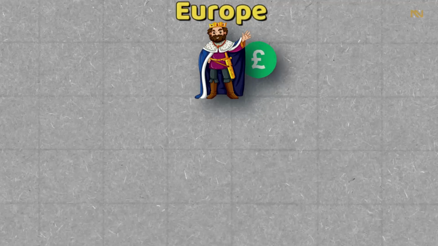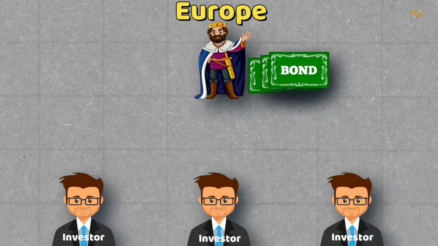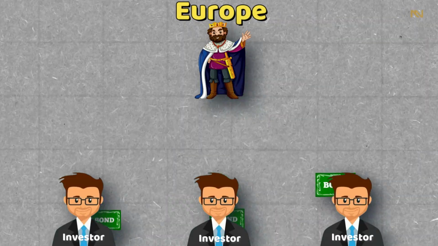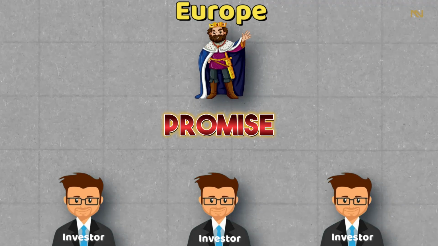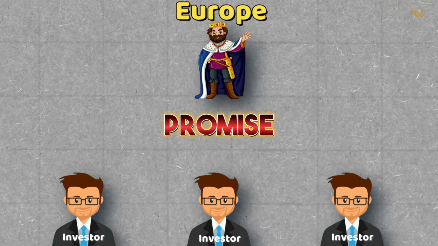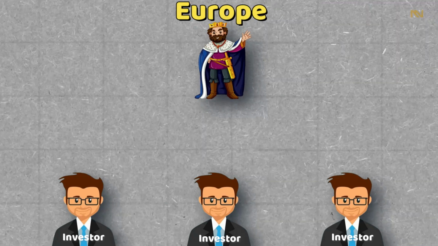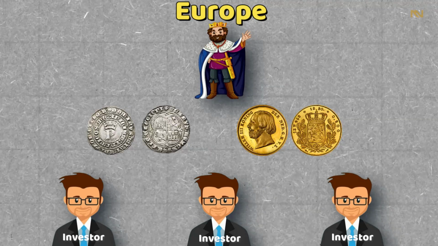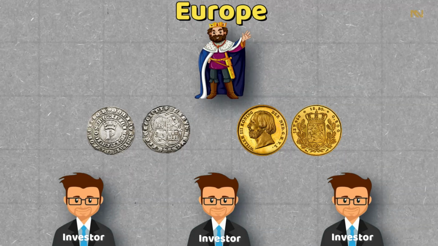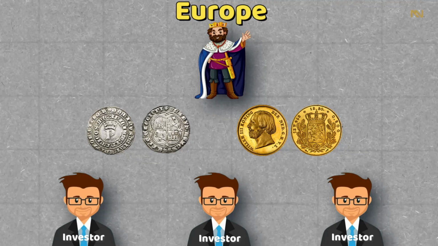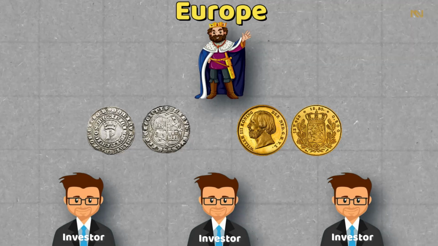To raise funds, European monarchs began issuing bonds, which they sold to investors in exchange for money. These bonds were essentially promised to pay back the investor at a later date with interest. They were often denominated in a specific currency, such as the Spanish real or the Dutch guilder. As the European powers continued to expand their empires, their currencies became increasingly important in international trade.